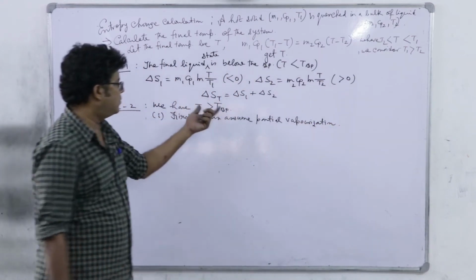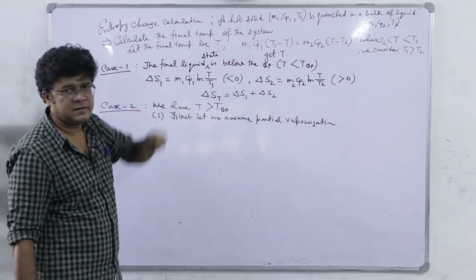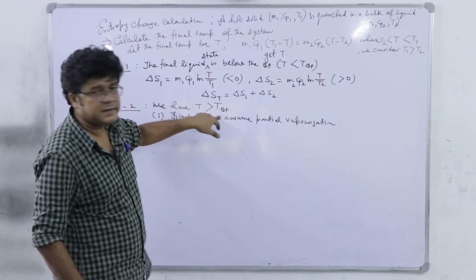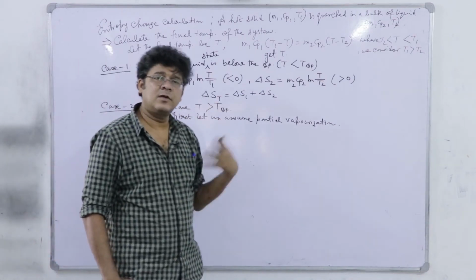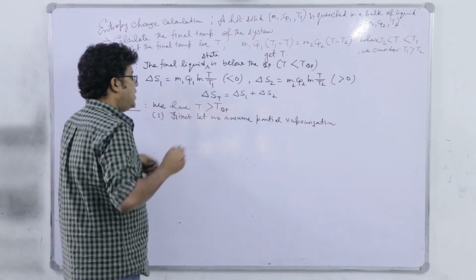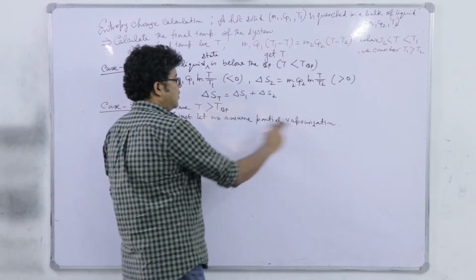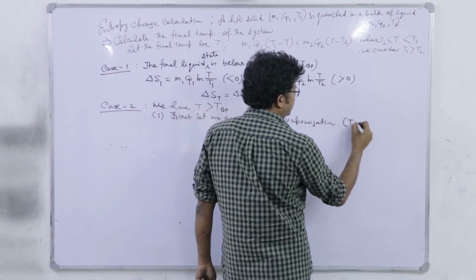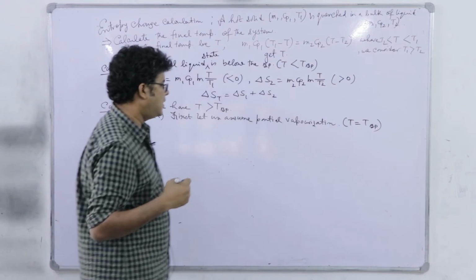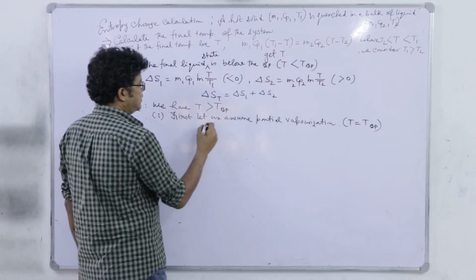Now we have to revise this energy balance, because if T is greater than TBP, then there may be partial or full vaporization. So you have to add the latent heat. If it is partial vaporization, T is obviously equal to TBP, but how much has been vaporized, that we have to calculate.